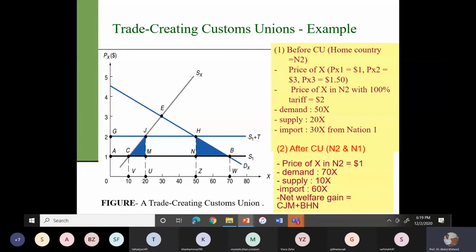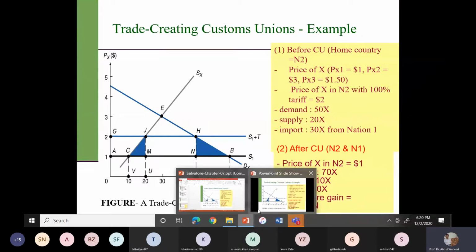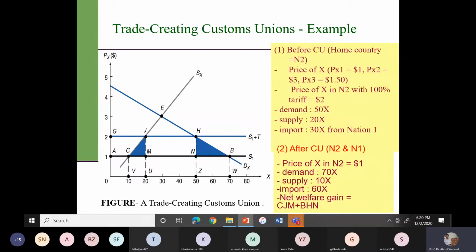Okay, last time we were discussing customs union and we discussed trade creation and trade diversion in the case of a customs union. Whenever there is a formation of a customs union, trade would be created, and there is also a possibility of trade diversion.